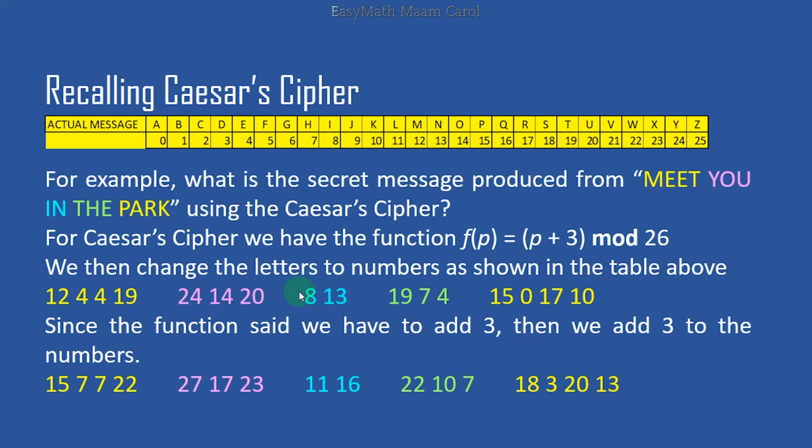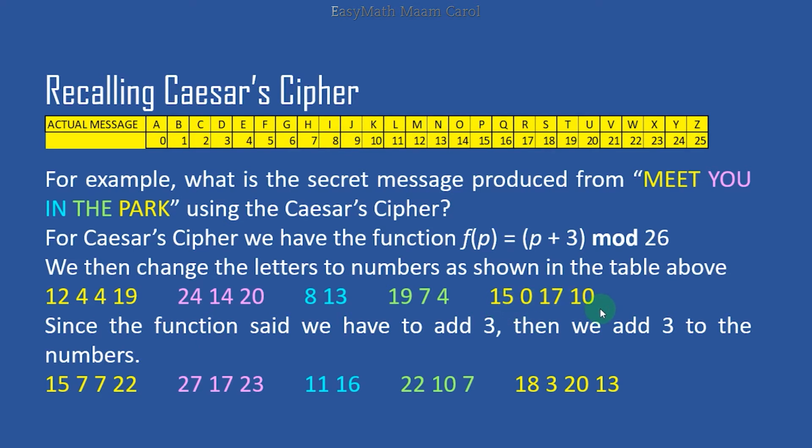And then for the word the, in green: T is 19, H is 7, and E is 4. And then the word park: P is 15, A is 0, R is 17, and K is 10.